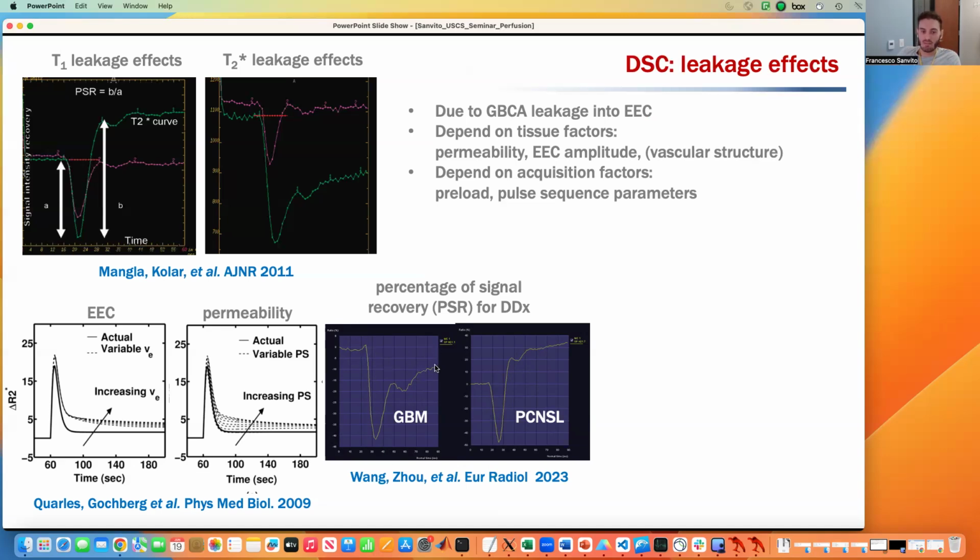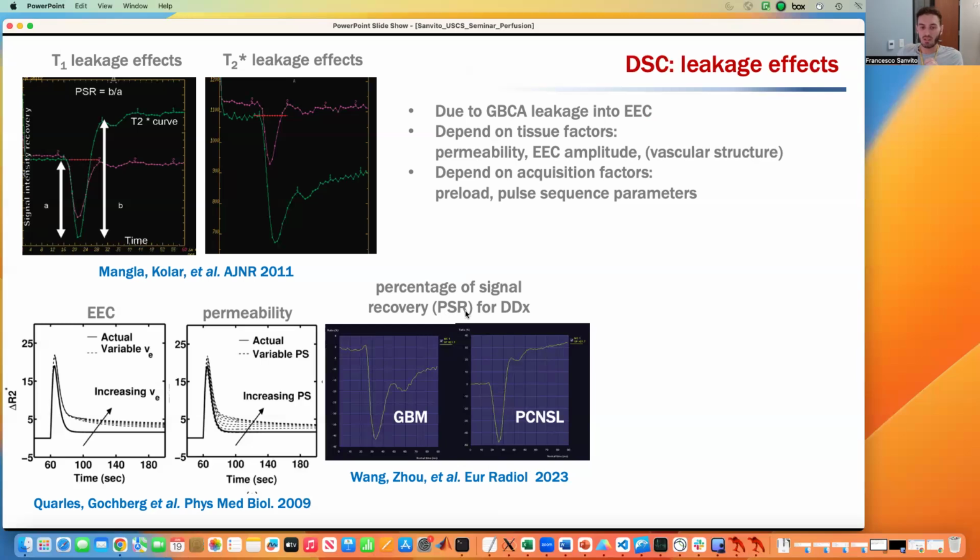The reason is that some of these residual T2 star effects are almost definitely from residual contrast agent inside the vascular space. So if we call it post-bolus effect, we include both the leakage and the still-in-the-vascular-space effects. Anyways, we know that glioblastomas do more of T2 star leakage effects, and lymphomas can do more of T1 leakage effects.